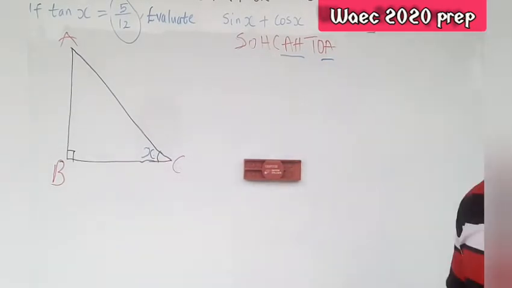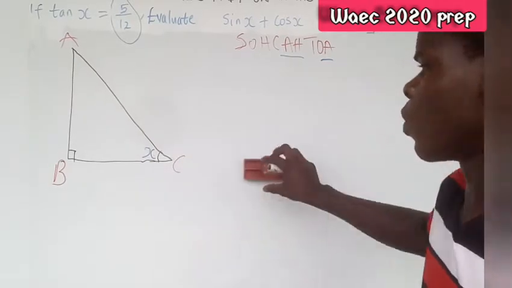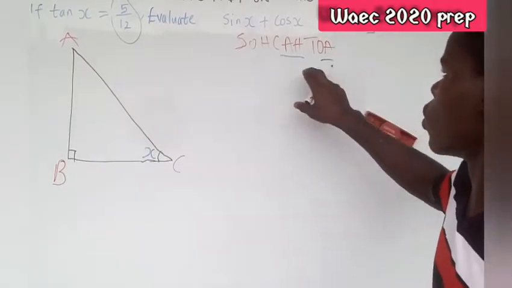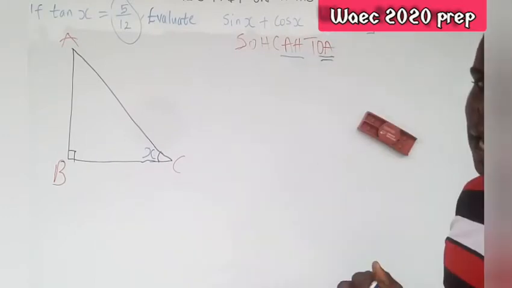Now, looking at this right angle triangle, tangent is always opposite over adjacent.